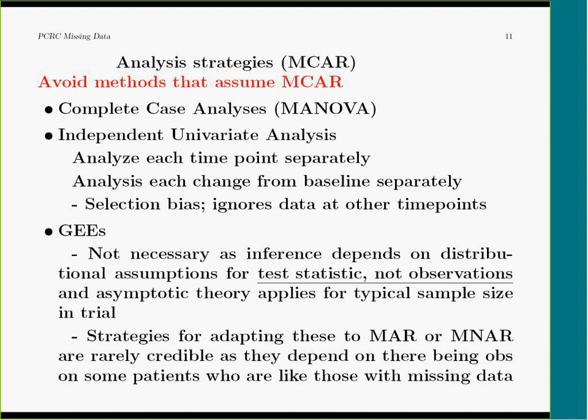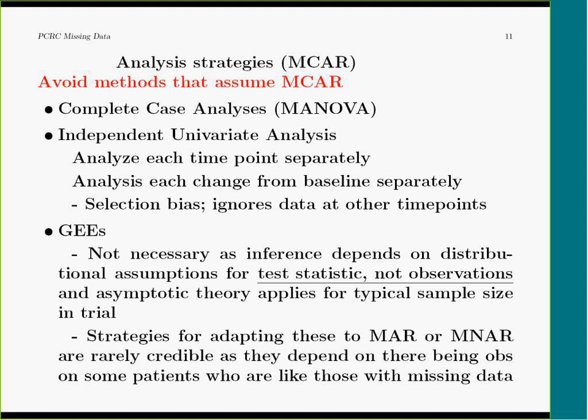The required theoretical thing is that the test statistic be normally distributed, and that happens with 30 or more subjects. So that's an argument against doing it because of the distributions.